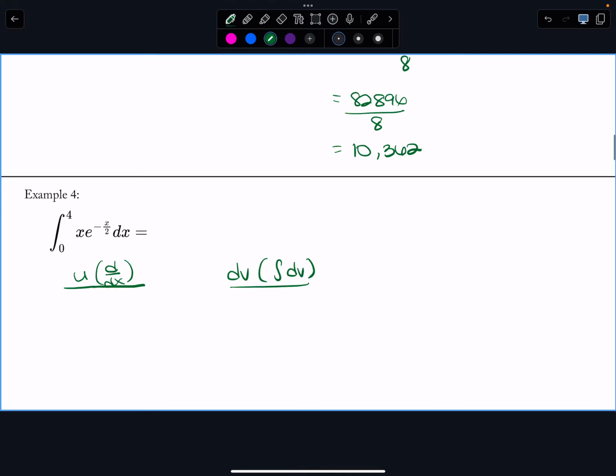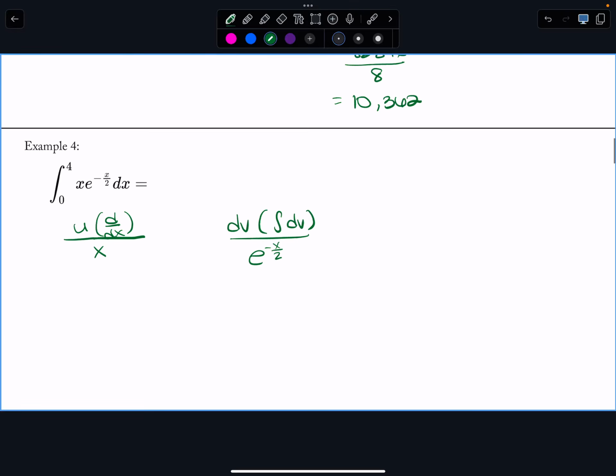So I pick my U to be x, and e to the negative x over 2 to be my antiderivative. So I take my derivative, I get 1, and I get 0.